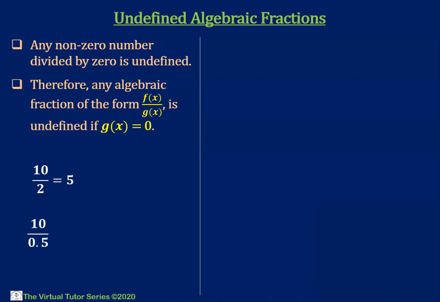That will yield 20. What if we reduce the denominator to 0.0001? That will result in 100,000.